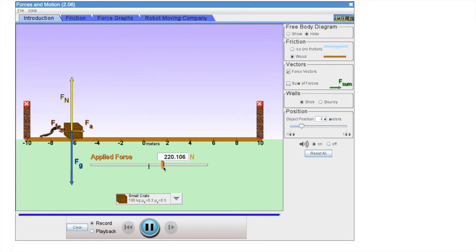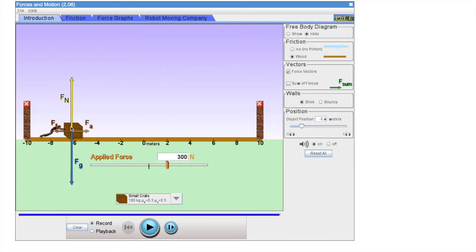And so the question is, we have 2 different types of friction. What type of friction is this? So I'm just going to pause it. We'll type in 300 newtons with it paused. Okay, and then we see we have the force FF here, force of friction, FA here, that's our applied push.